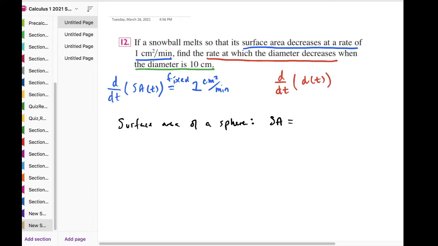No, it's okay. It's 4 pi r squared. All right, so let's put some t's in front of this. As a function of time, the surface area is 4 pi r of t squared.